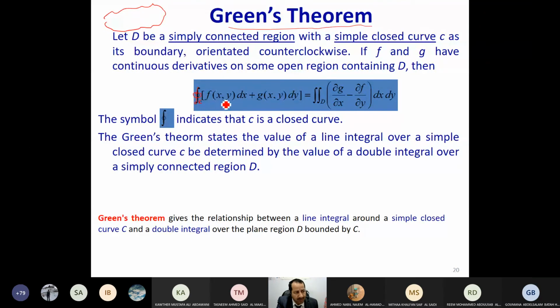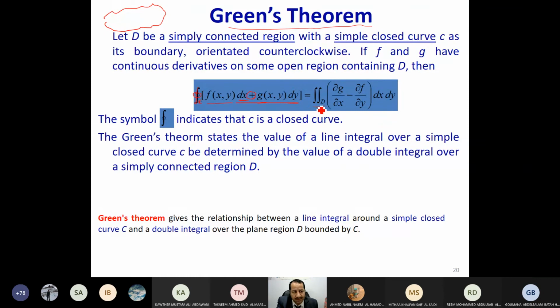Now, see the formula, what it says. f dx. By the way, f is a function of x and y, but we will integrate with respect to x only, so y will be constant. Plus g, the second function, integrated with respect to y, so x keeps constant. This is the formula. How do we do it?